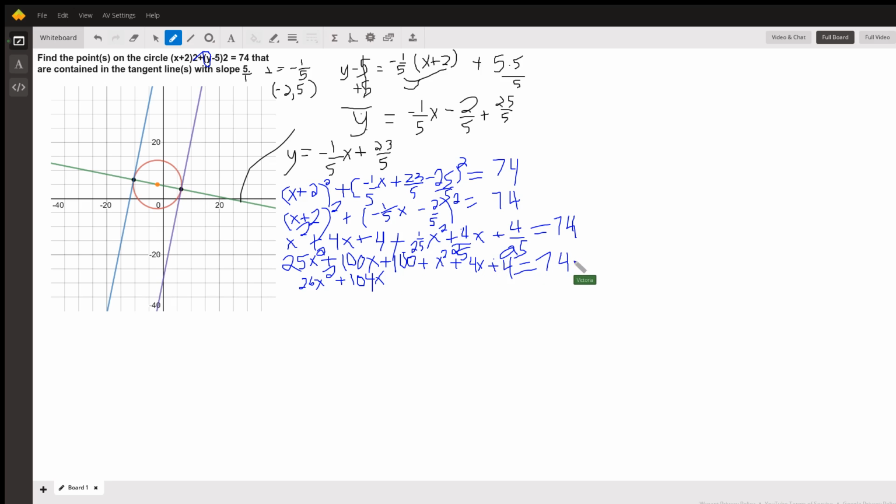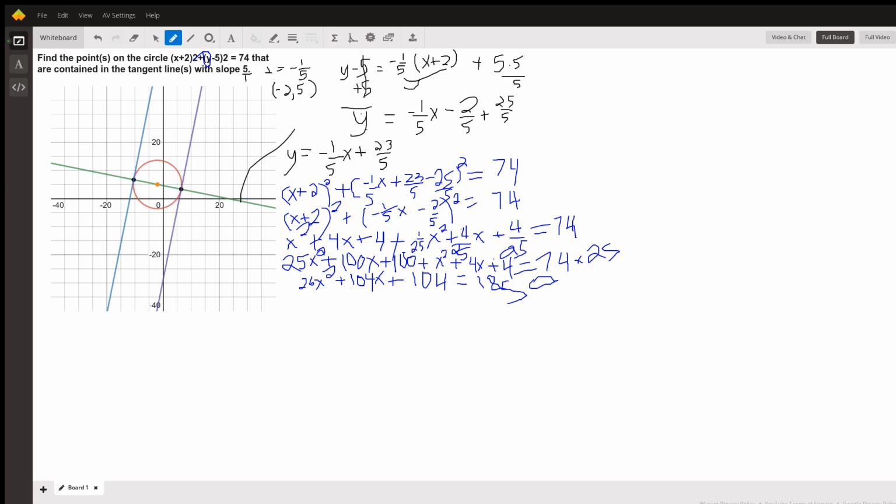Oh, I needed to multiply this by 25 also. That way everything is balanced. So then this is plus, got my x squareds, plus 104. And when you multiply the other side by 25 also, it gives you 1850. This is supposed to be 8. I don't know why I can't get an O here.